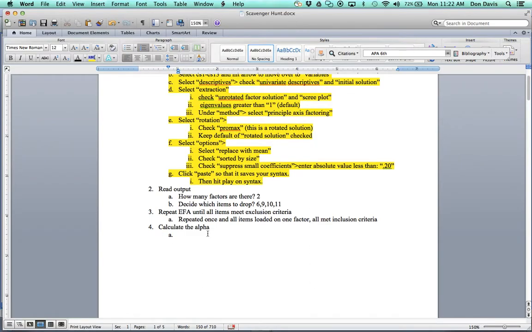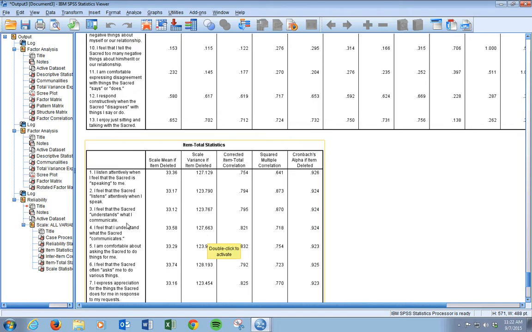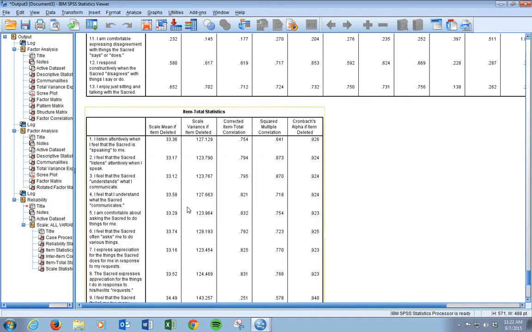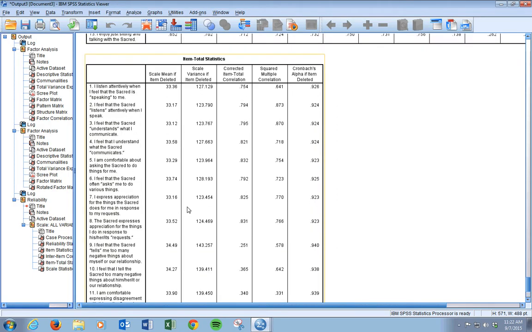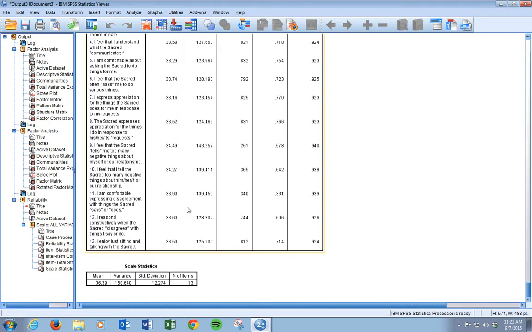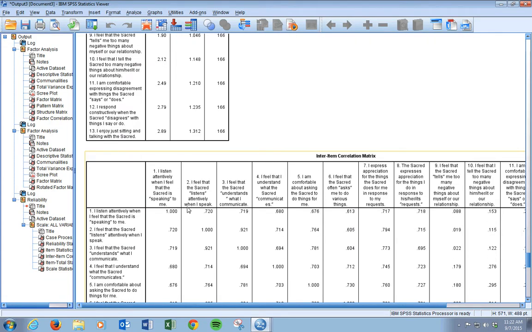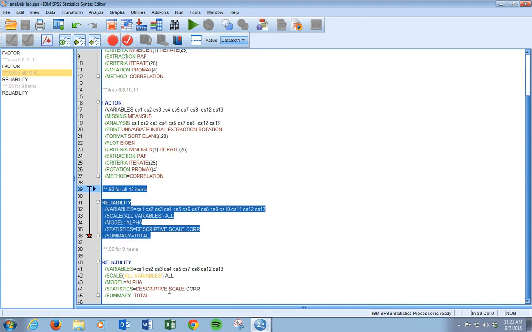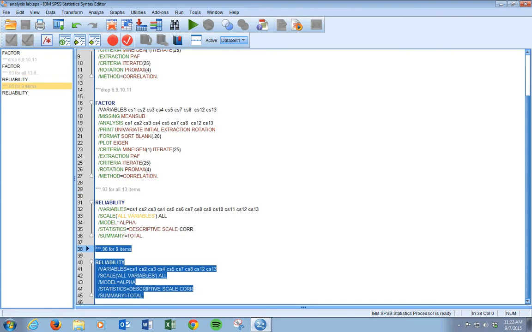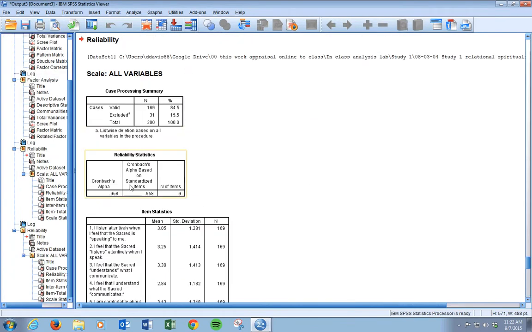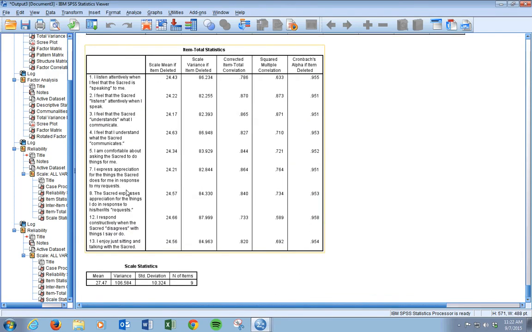So that would probably be a little higher. What I'm doing is I'm looking at the item-item correlations, and we can also look at the item total correlations. And then if we run our alpha on the final set, we get alpha 0.96.